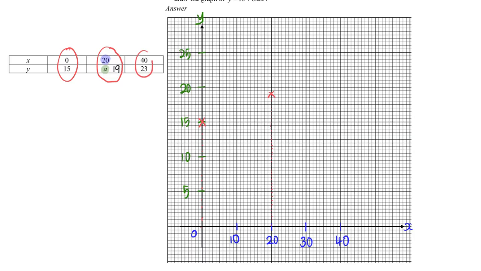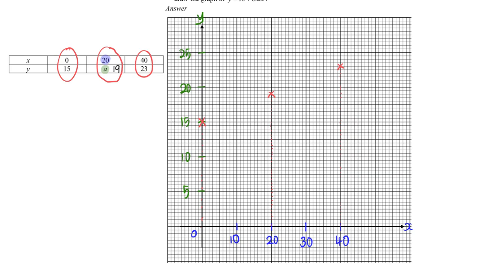And the last point, the x coordinate is 40, y coordinate is 23. So I go over to 40 and continue to go up until I hit 20, 20.5, 21, 22, 22.5, 23. Mark it with a cross.